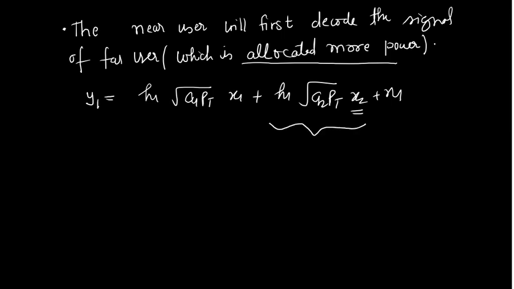So after SIC, which means decoding the signal of user 2 and then subtracting it from the received signal, y1 will be subtracted with this amount.